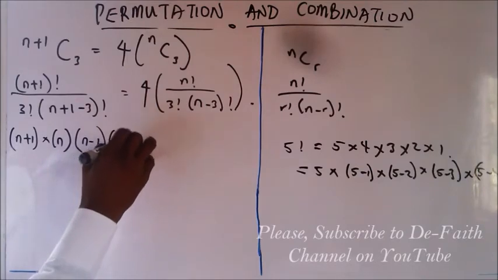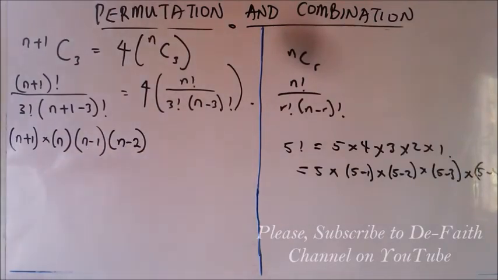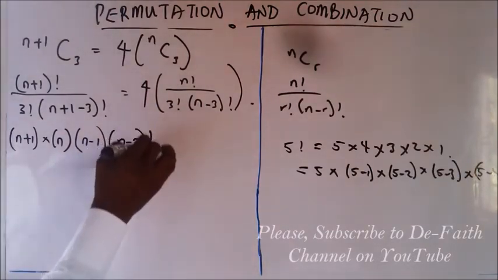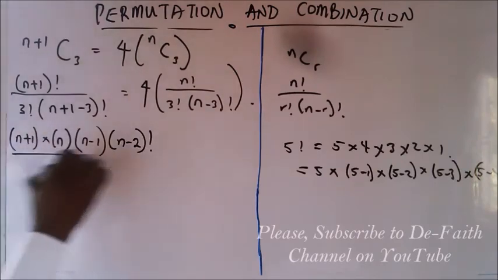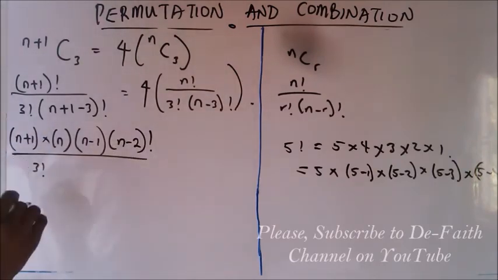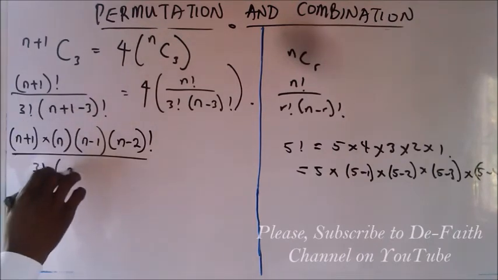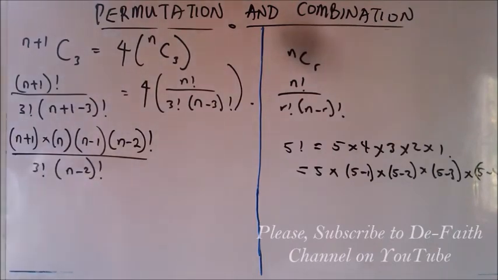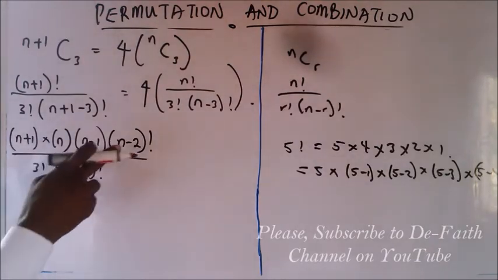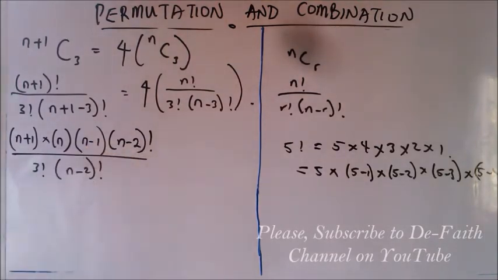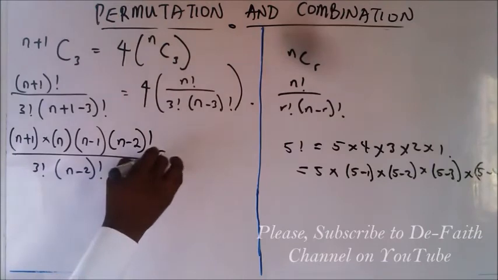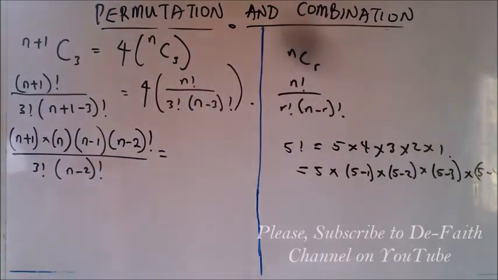We have n minus 2. We can stop at n minus 2 factorial over here, and then we have 3 factorial multiplied by n minus 2 factorial. So you can see the idea behind stopping here, such that this and this would cancel out, right? So equal to this.